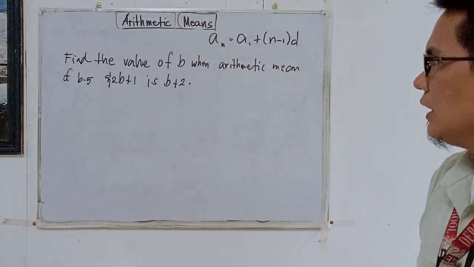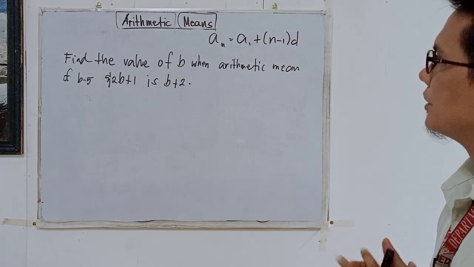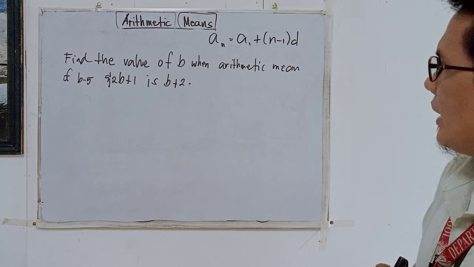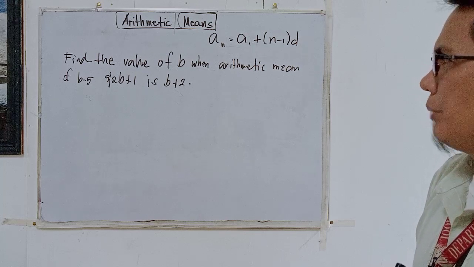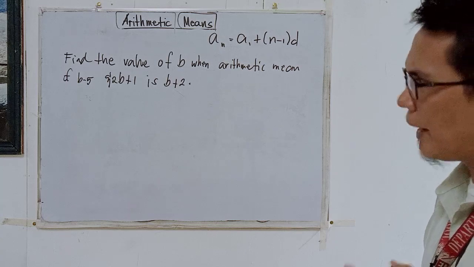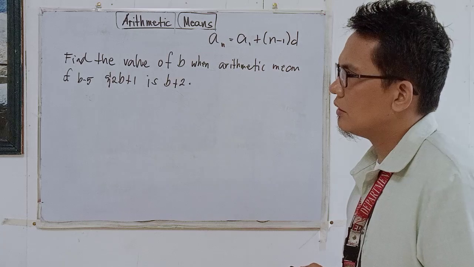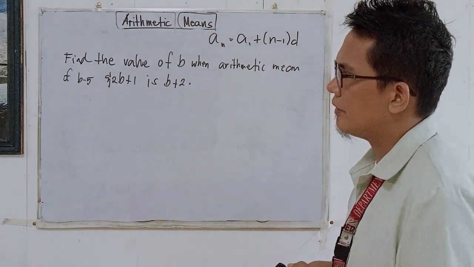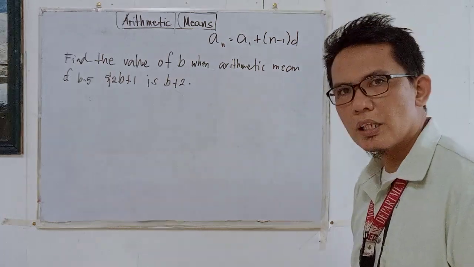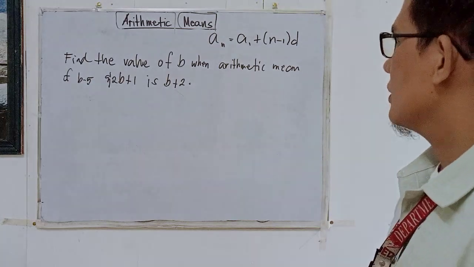Okay? So let us try to understand our problem here. We can see that our problem is a bit complicated, since these are not plain numbers given to us, but rather we are given an algebraic expression having variables in that expression.